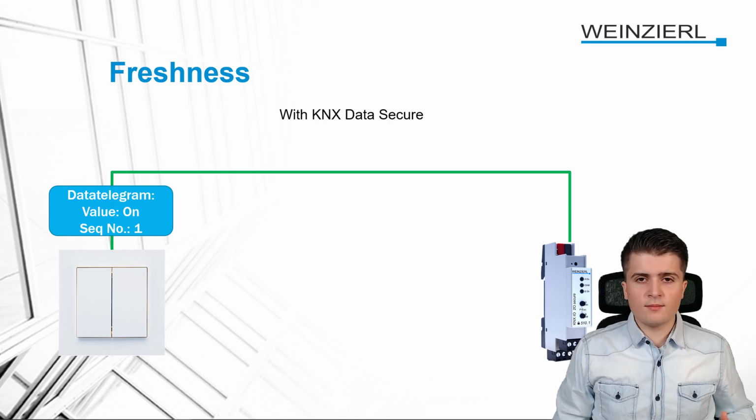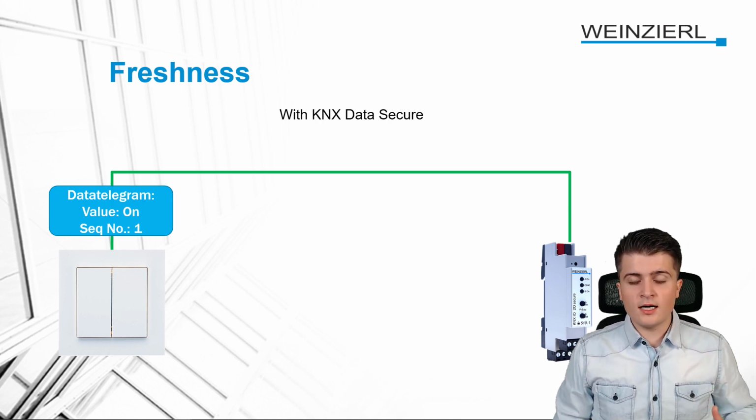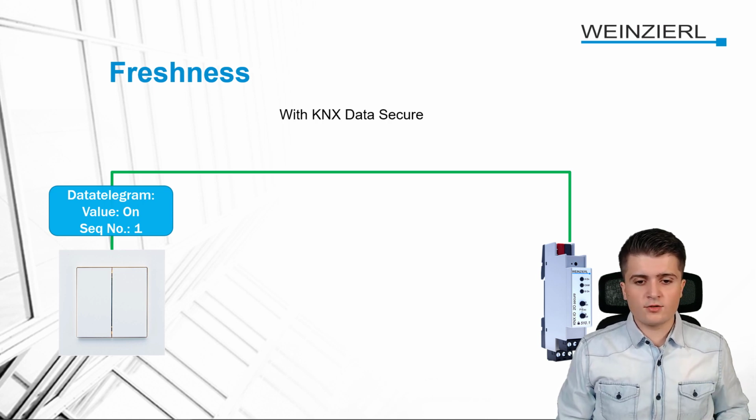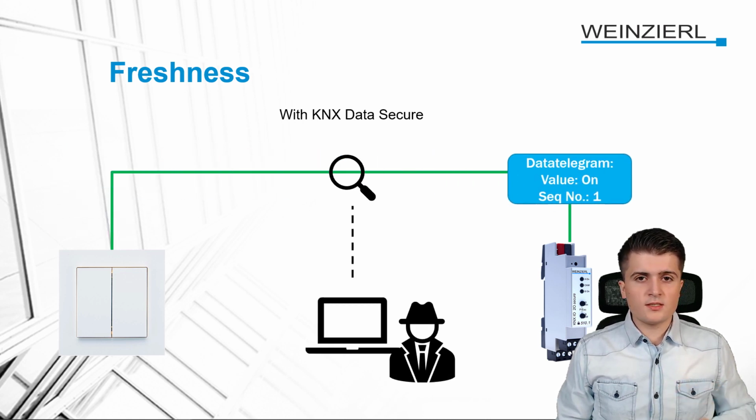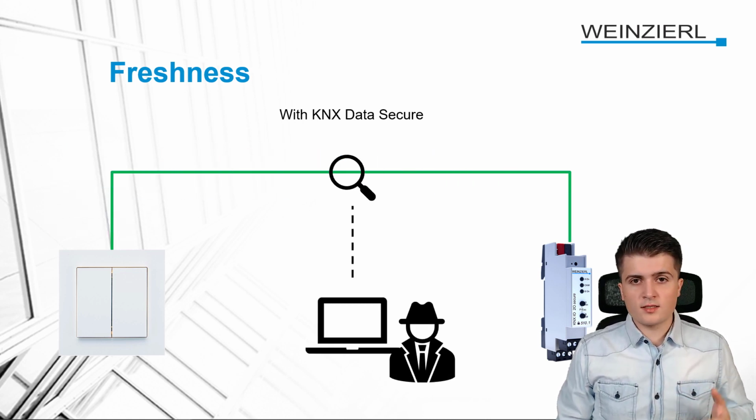And this sequence number is a counter which has to count up in order for the switching actuator to accept this telegram. So if we take a look here, the push button sensor sends its value with the sequence number 1.